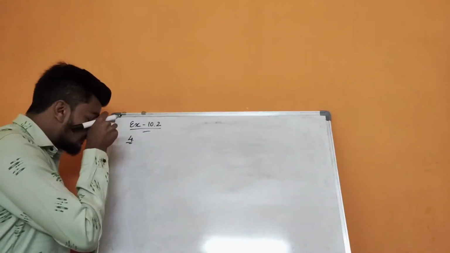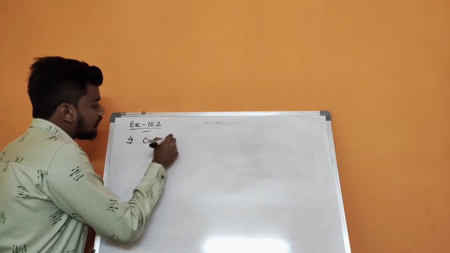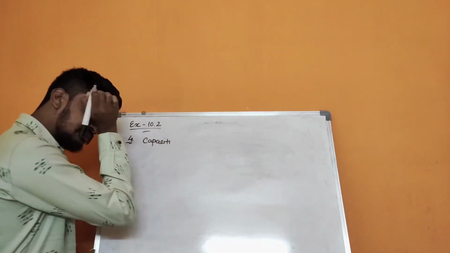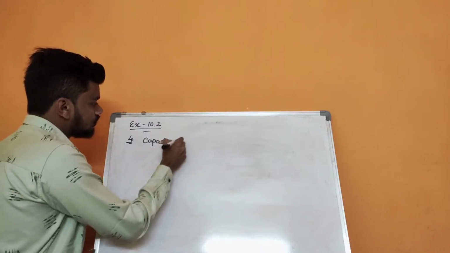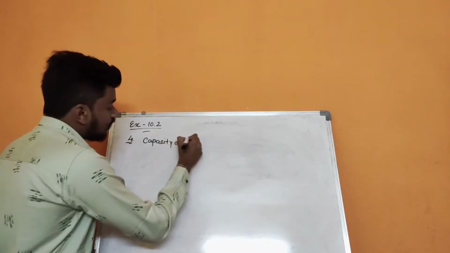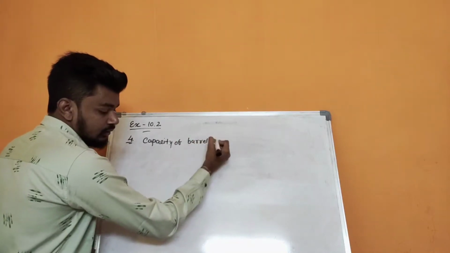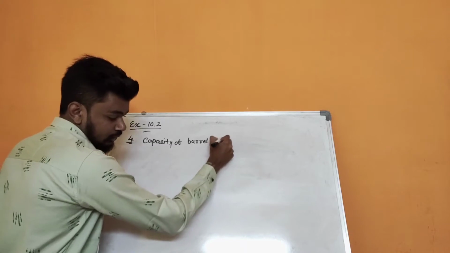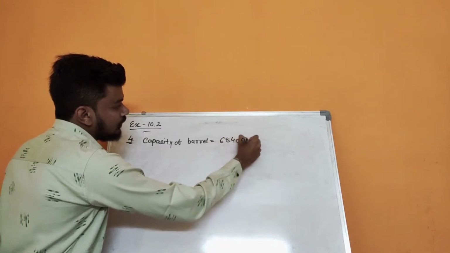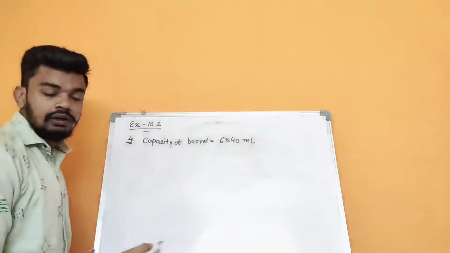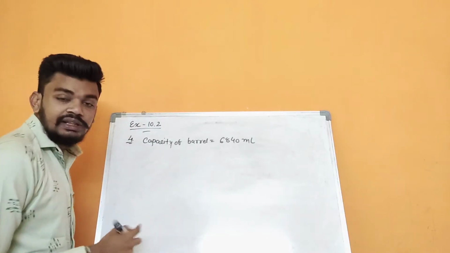So we have been given the capacity of the barrel in milliliter, and we have to convert it into liter and milliliter.